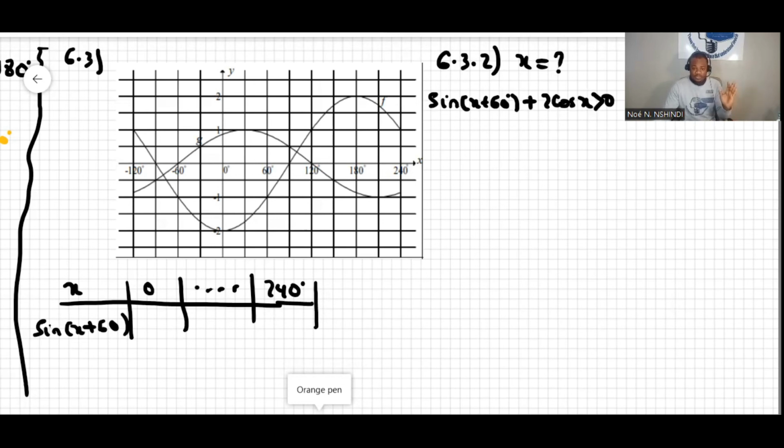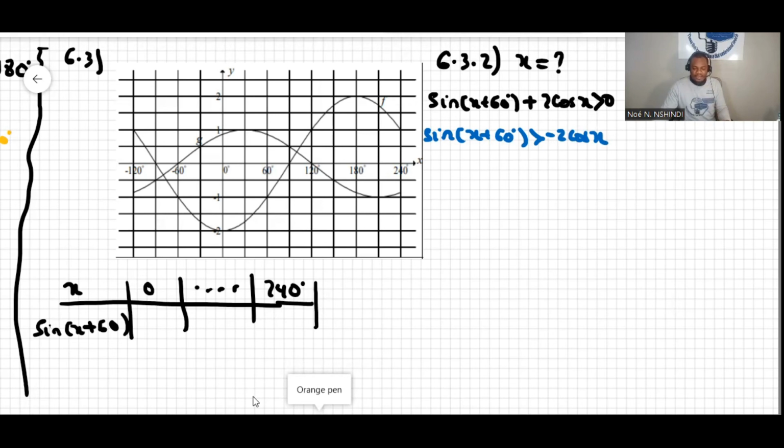So we can just move the 2 cos x over. That makes sine of x plus 60 degrees greater than -2 cos x. Now we can look at the diagram to see in which interval this is greater than that.